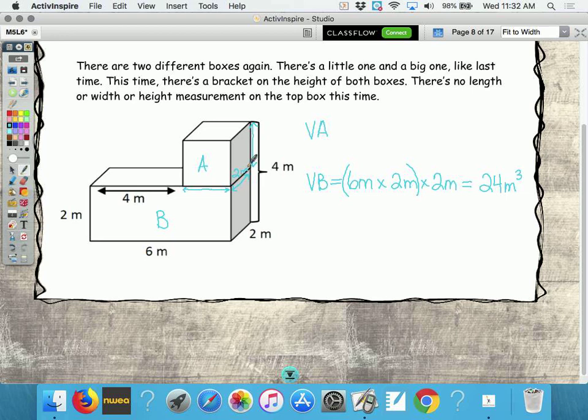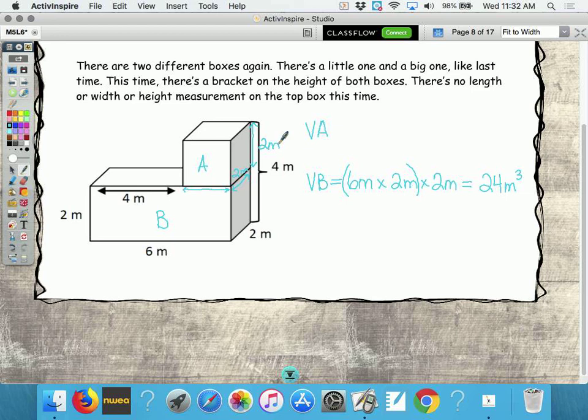2 minus 4. You're kind of close. 4 minus 2 would give me the height. How do I know this is 2? Because I know this is 2, right? So this is 2 meters. Okay, and pull another stick. Cheney, how can I figure out the length?